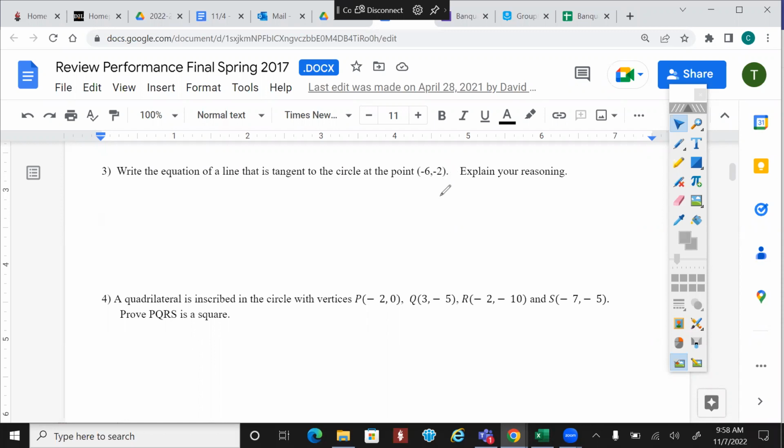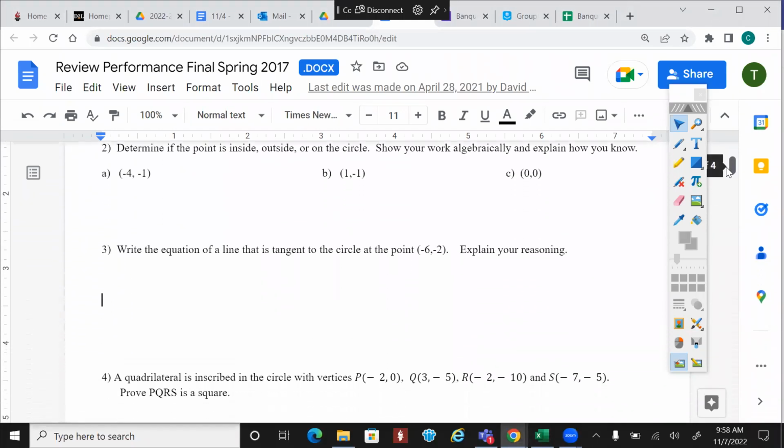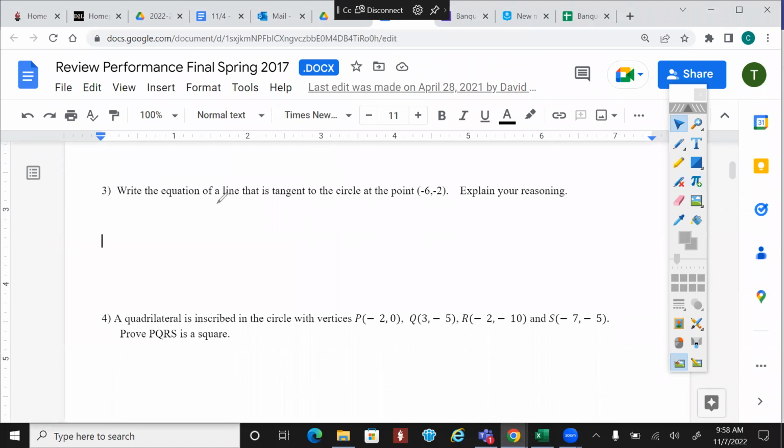All right, ready? So I had the equation from the top, which was x plus 2 squared plus y plus 5 squared equals 25, right?